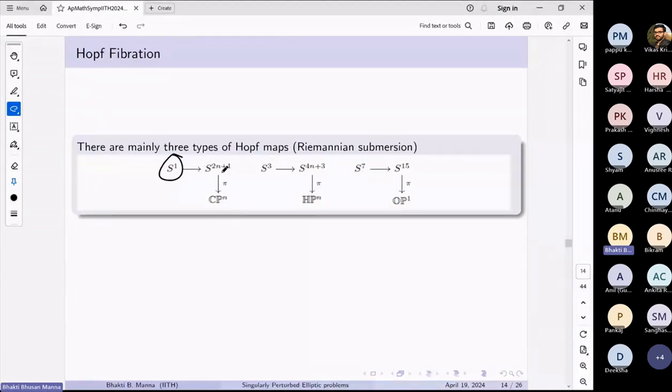So this is the S^1 action on S^{2n+1}, which gives us CP^n. The S^3 action on S^{4n+3} gives the quaternionic projective space, and the S^7 action on S^{15} gives OP^1. These are 2n-dimensional and 4n-dimensional manifolds, and the octonionic spaces.